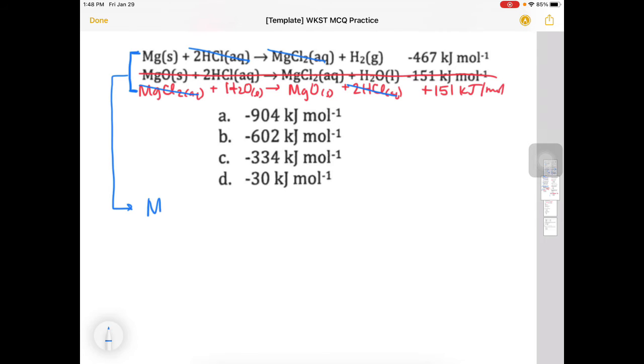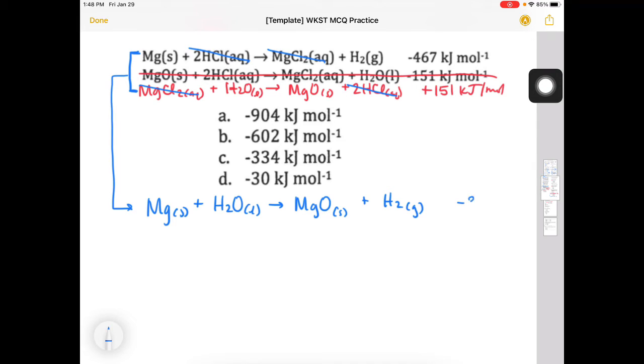So I have the magnesium solid from the first equation plus the water from that second equation produces magnesium oxide and hydrogen gas. Okay, and I'm going to add the delta H values together. So I'll add negative 467 plus 151. And that gives me negative 316 kilojoules per mole for this reaction.